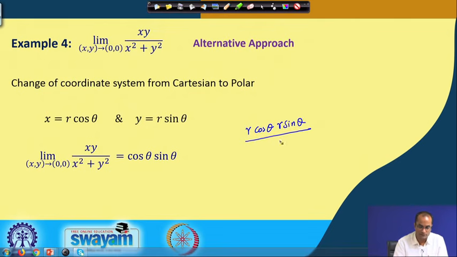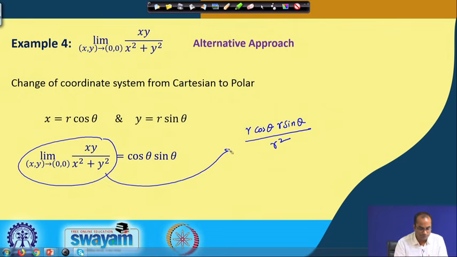and then x square plus y square will become r square. This limit as (x, y) goes to (0, 0) will be the limit as r goes to 0, because in the polar coordinate system we have this r and this theta.